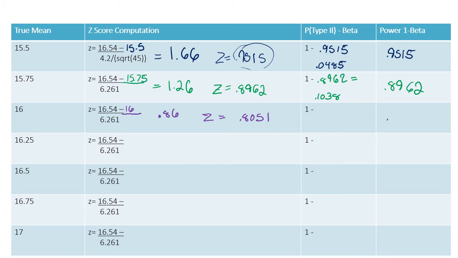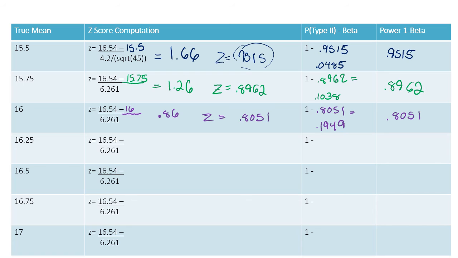I'm just going to put that over in the power column, just to be quick. Now if I take 1 minus 0.8051, that gives a beta of 0.1949. All right, we're making progress on this table.